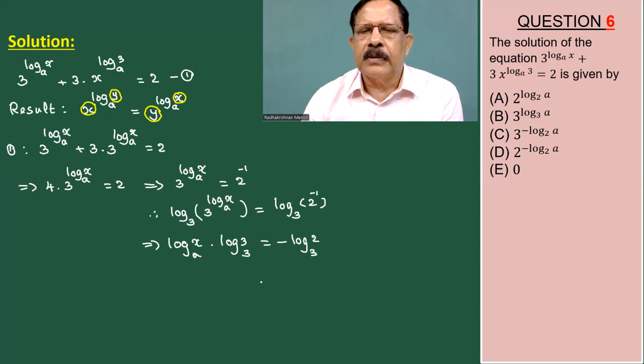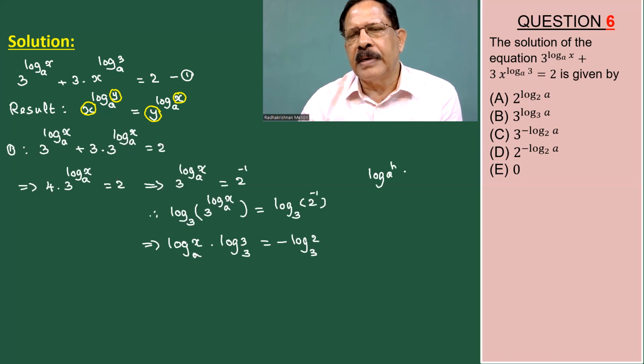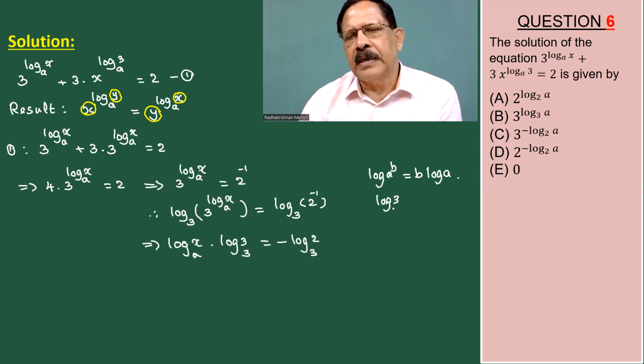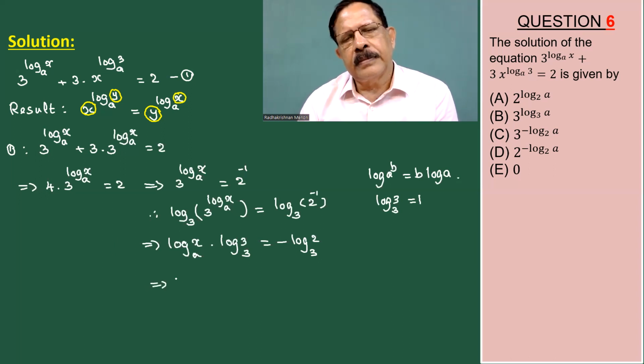Which property? log a to the power b is equal to b log a. So log 3 to the base 3 is 1, because log of any number to the base itself is 1, where the number must be positive and not equal to 1. So ultimately, what are we getting? log x to the base a is equal to minus log 2 to the base 3.